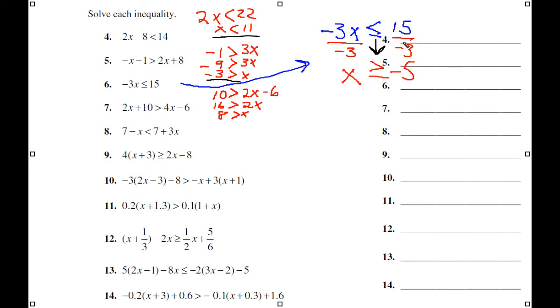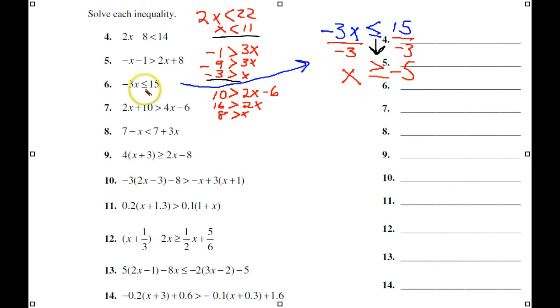Whenever you have to divide by or multiply by a negative, that is the variable is being multiplied or divided by a negative, in order to keep that statement true, you must reverse the direction of the inequality sign. So here it's less than or equal. It now becomes greater or equal to negative 5.